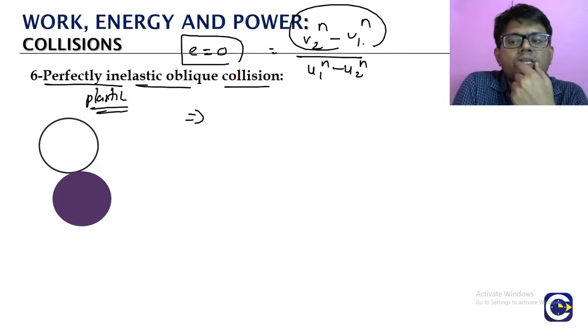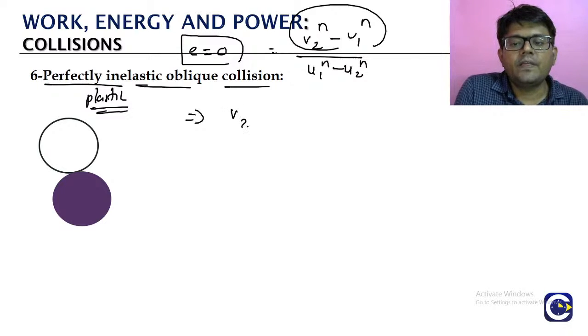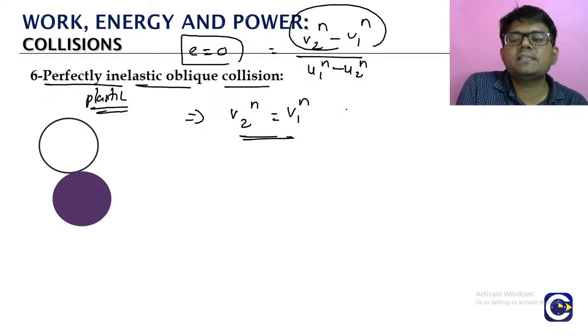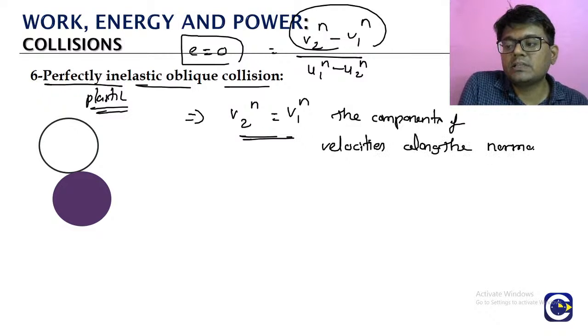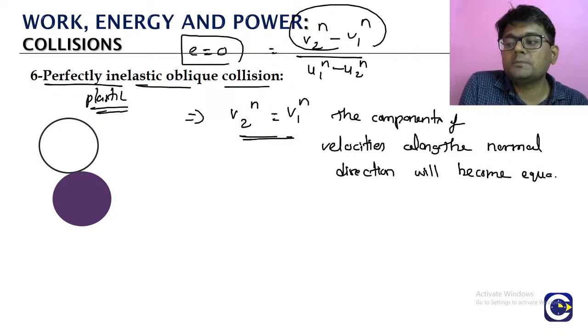E is equal to 0 means what? The V2 along the normal direction will be equal to V1, means after the collision the components of velocities along the normal direction will become equal.